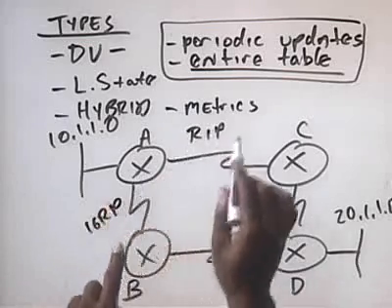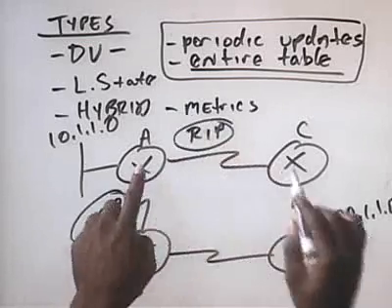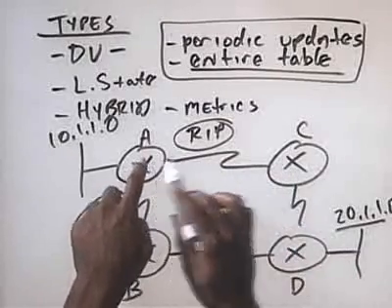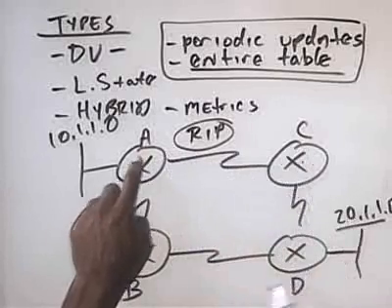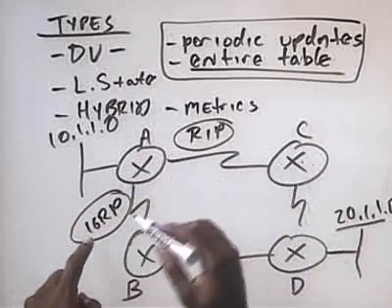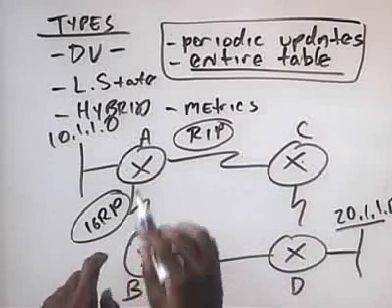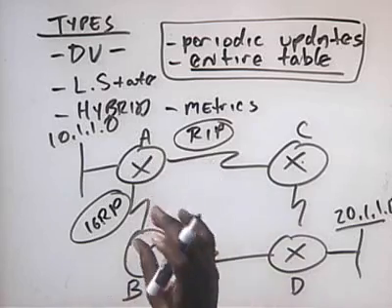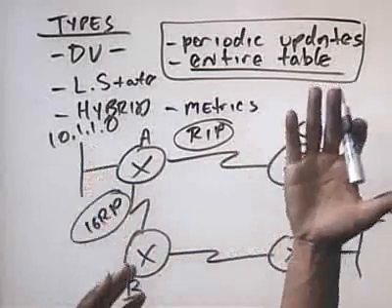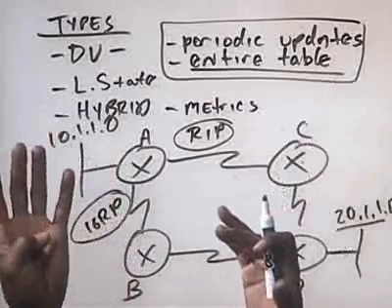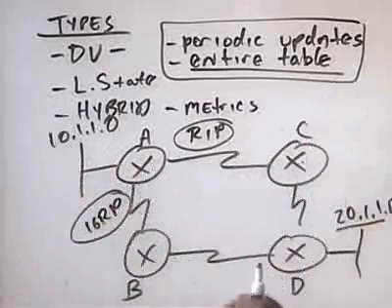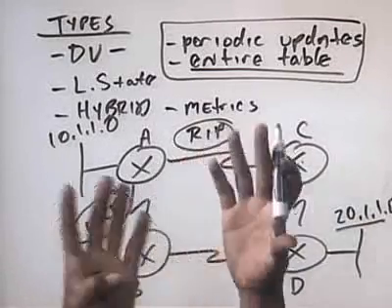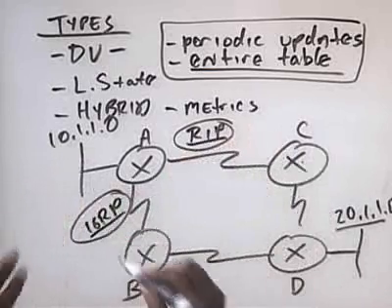Both of these routing protocols report that they have a path to the 20 network. RIP says I can reach the 20 network going this way, and IGRP reports back to A and says I can reach the 20 network going this way. Router A has to have a mechanism to decide whether to use the RIP given route or the IGRP route, since they're both going a different direction here. Administrative distance is the method that router A will use to choose between RIP or IGRP.